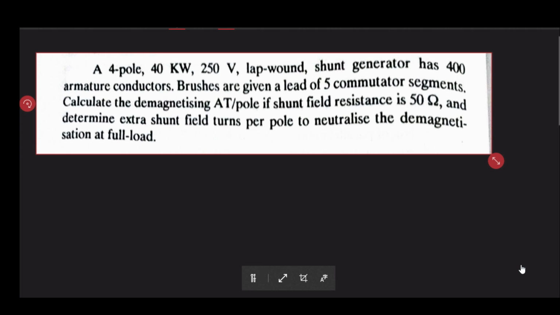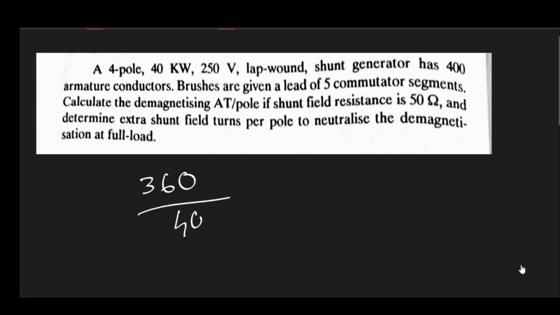This is just simple, there is no such change in understanding. If you have 400 commutator segments, then you can always find the angle between two adjacent commutator segments, that is 360 by 400. So what is your mechanical brush shift? That is equal to some value you will get.